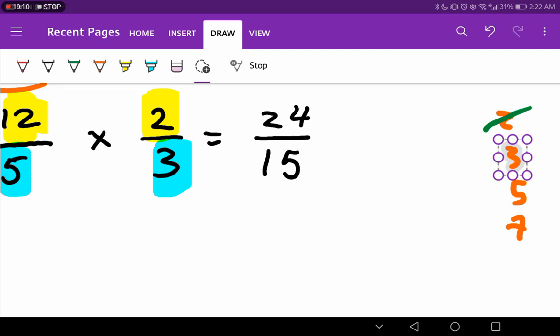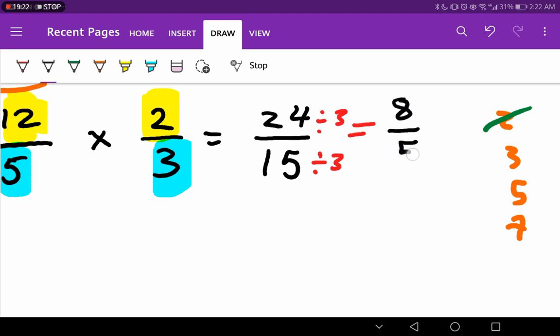Good, so go ahead and divide by 3, which equals 8 over 5.